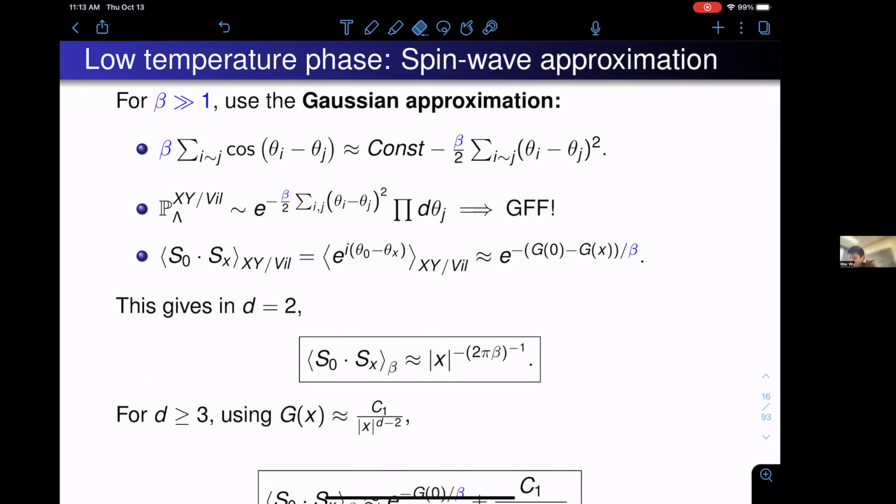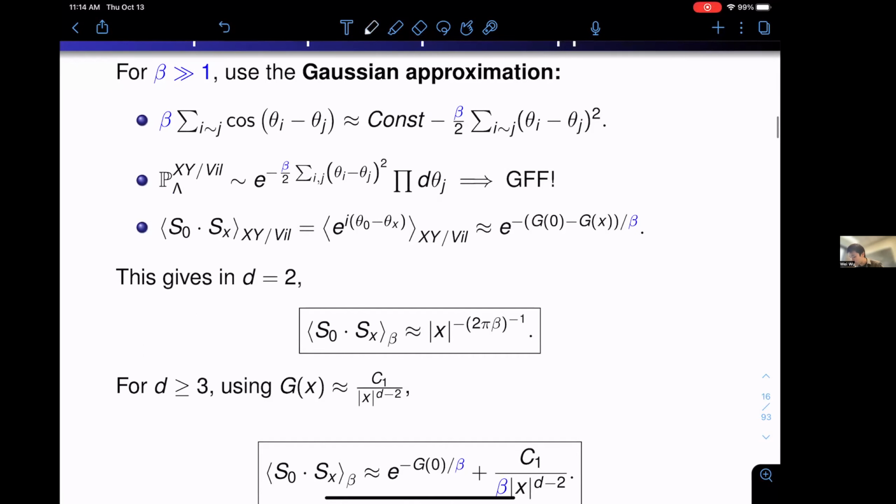Because if you just expand the cosines, you see that the leading term, well, there's a constant, but then there's a quadratic term. So if you expect that the angle differences are small at very low temperature, then you can take a quadratic approximation of your interaction. If you do that, it becomes Gaussian. For a Gaussian model, you can compute everything, in particular how this two-point function behaves.